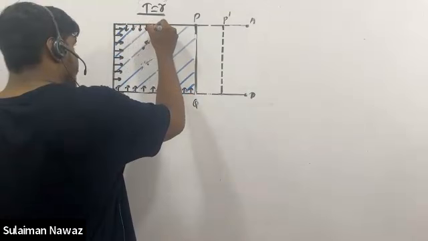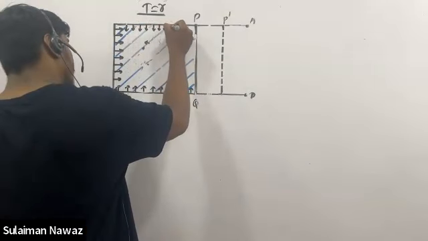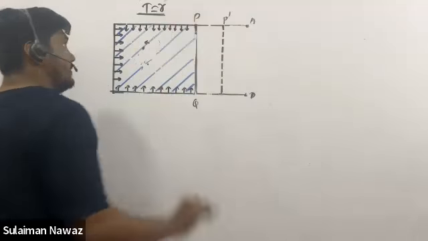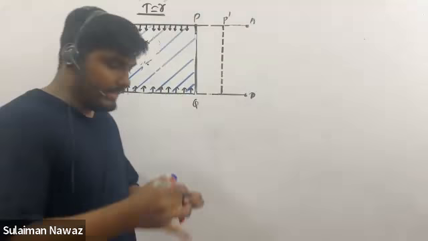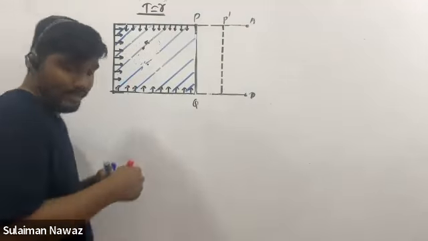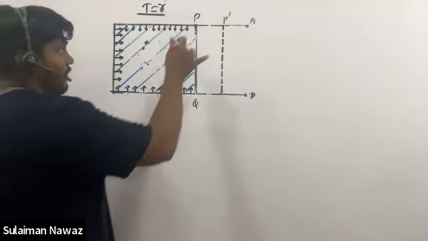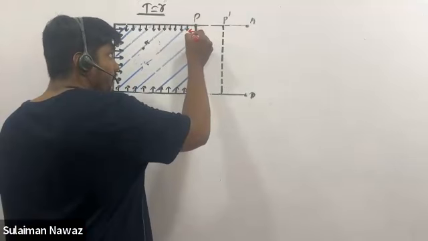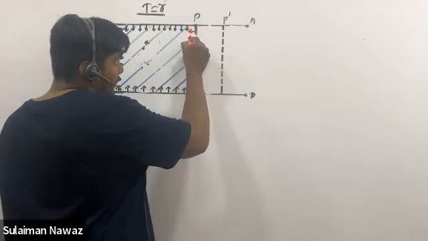Surface tension forces act along the surface, tangential to the surface, like this. In a very similar manner, these surface tension forces are acting on this PQ wire as well.